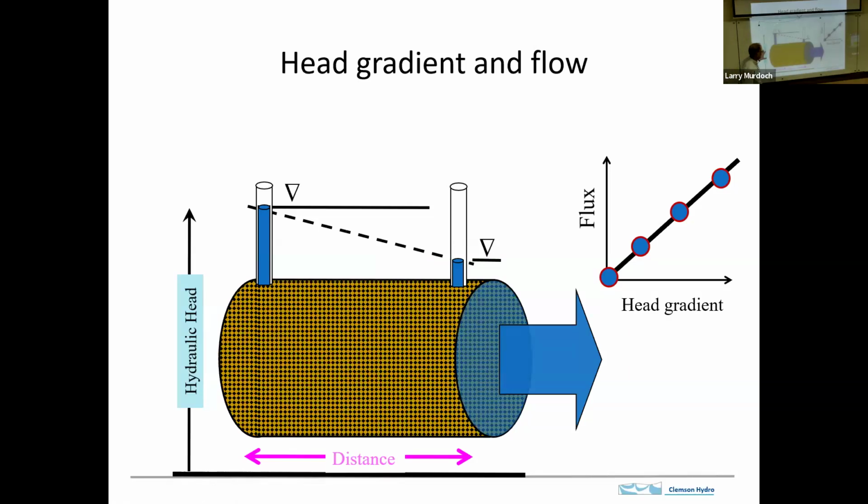And what happens is if you do this at modest flows, where the Reynolds number, which describes the effect of turbulence, is low, you find that the flux is proportional to the hydraulic head gradient.